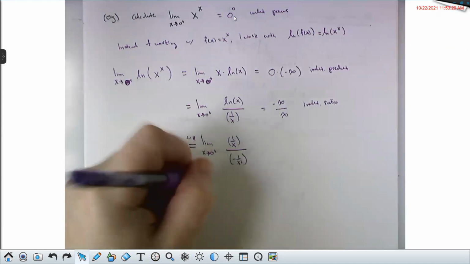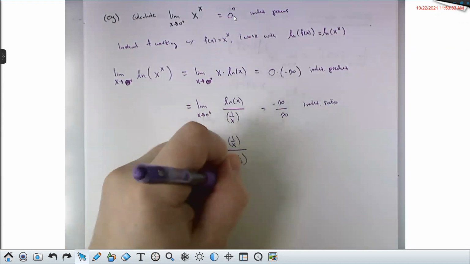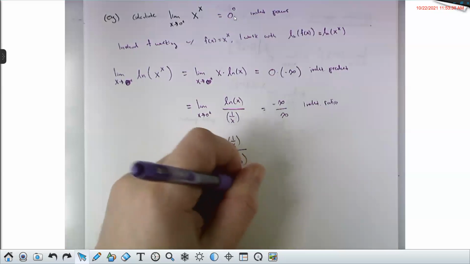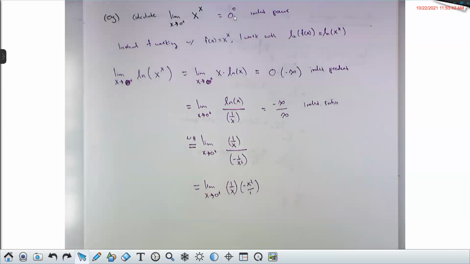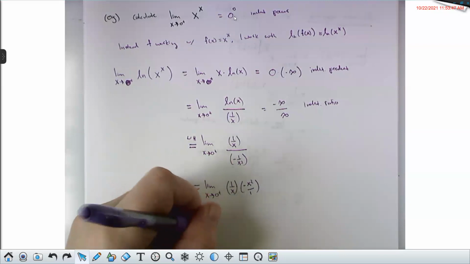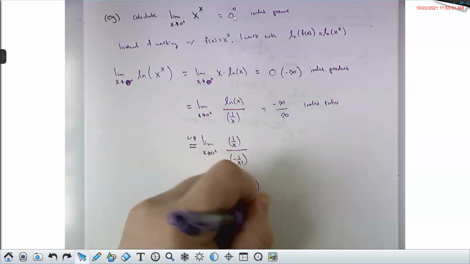And if I just do some algebra here, this is lim x to 0 plus 1 over x times negative x squared over 1. And the x's cancel. You get lim x to 0 plus of just negative x, which is 0.